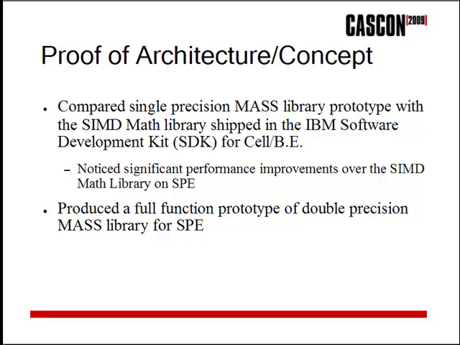We noticed significant performance improvements on the SPEs. We went on and produced a full prototype of the double precision MASS library for the SPE, and we were quite successful, and the test results look very good. So at this time, we're quite confident that we can in fact productize both versions of the MASS libraries for the Cell Broadband Engine platform.